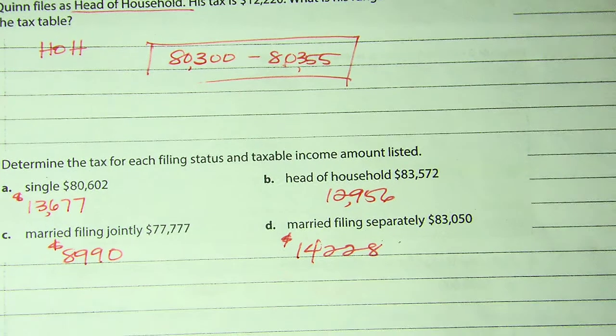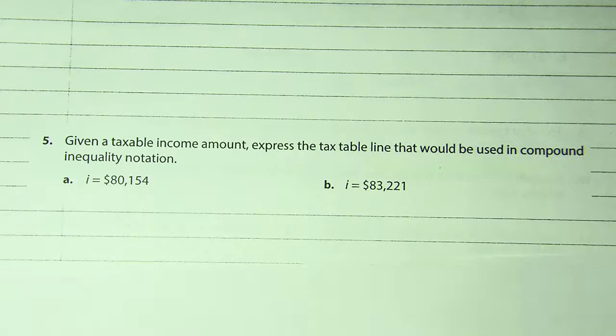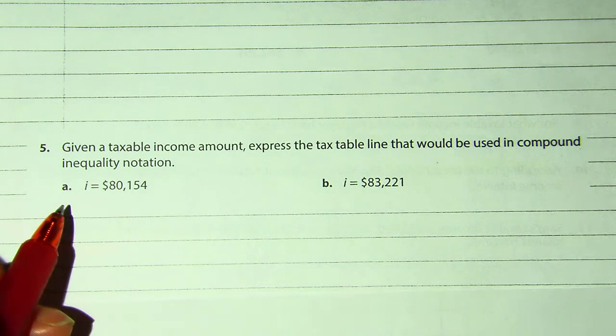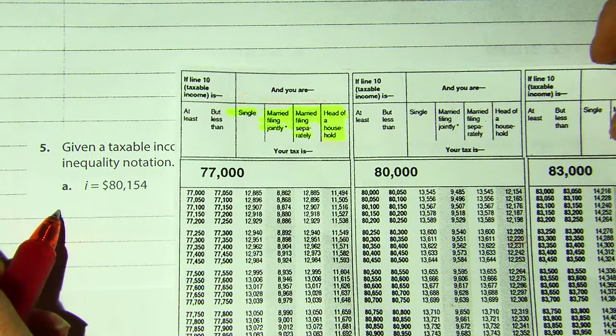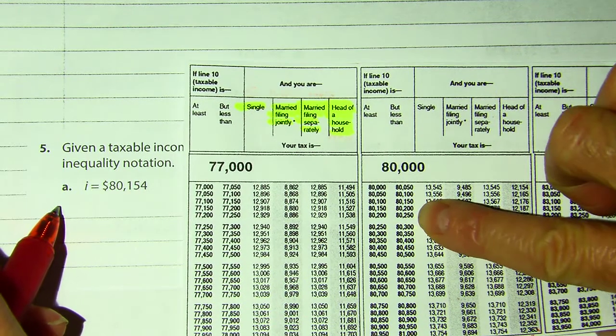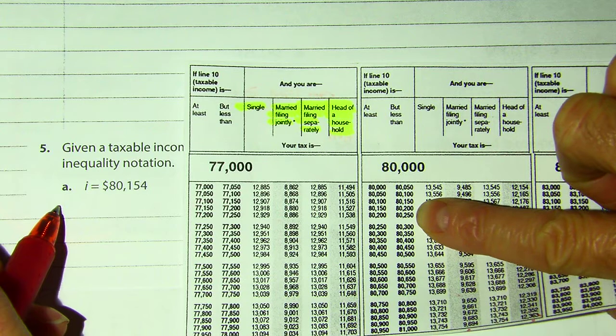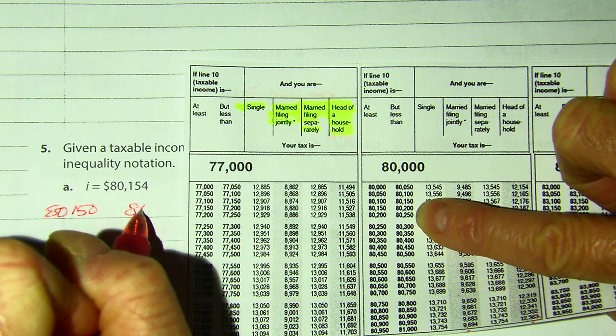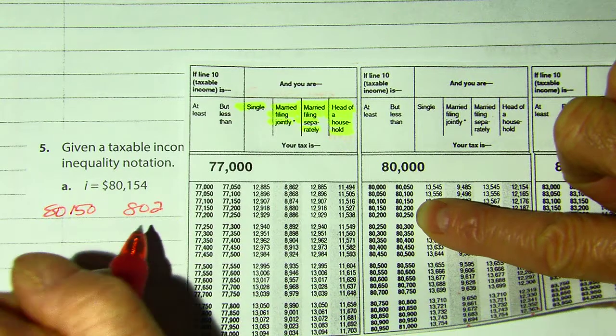All right, next. Given the taxable income amount, express the tax line that would be used in a compound inequality. So 80,154 is here, and it is in between 80,150 and 80,200.